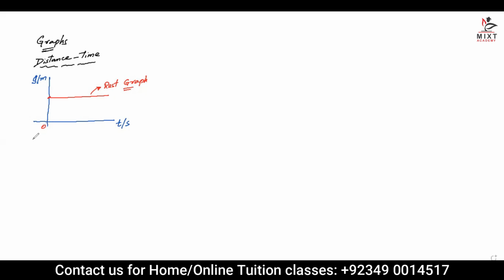It's not changing its position. So for the distance time graph, this line is at rest, exactly. It means the person is at rest. This is the first graph.